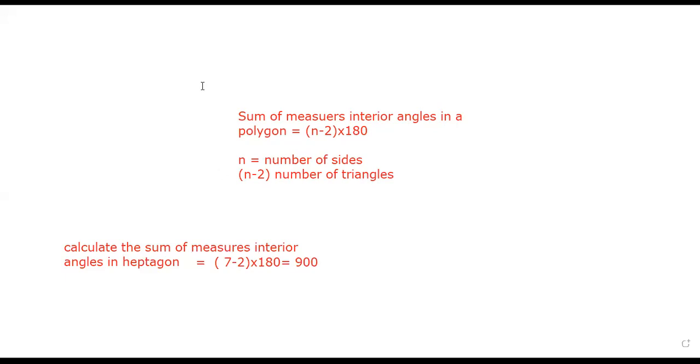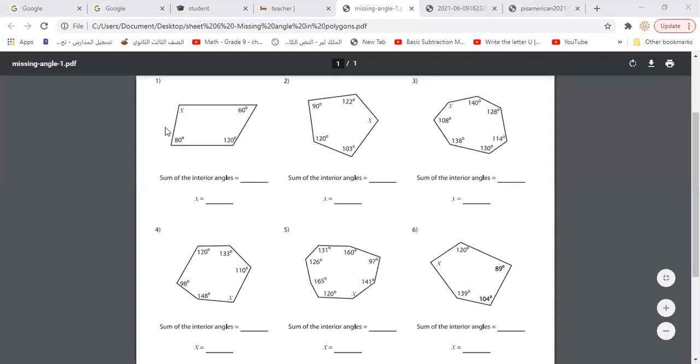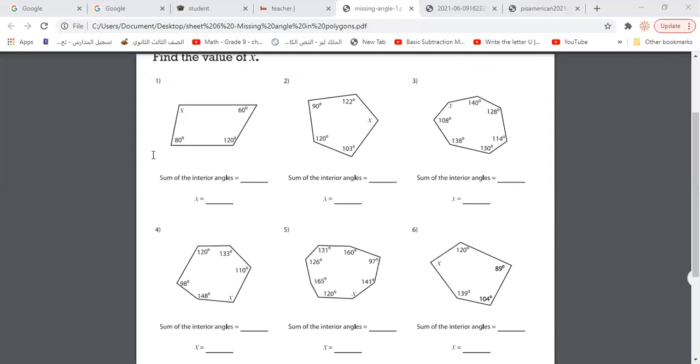Then to calculate the sum of measure angles in any polygon, we have to calculate n minus 2 times 180. And we said n means the number of sides, and then we will replace n with the number of sides, and then minus 2 times 180. We have to find the number of sides first, right?